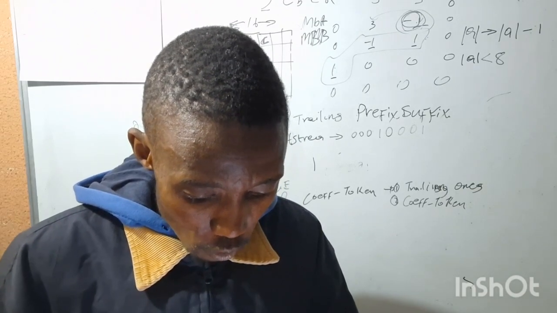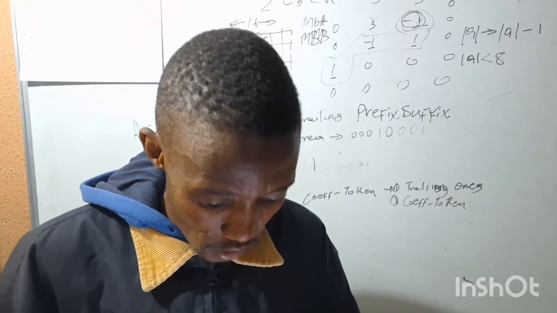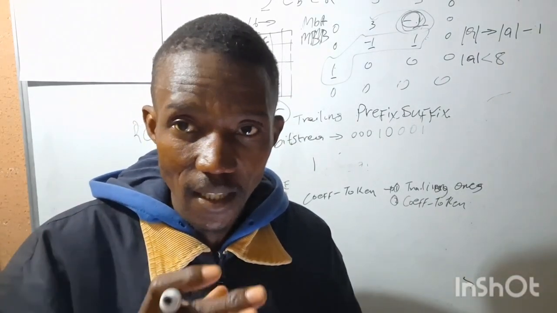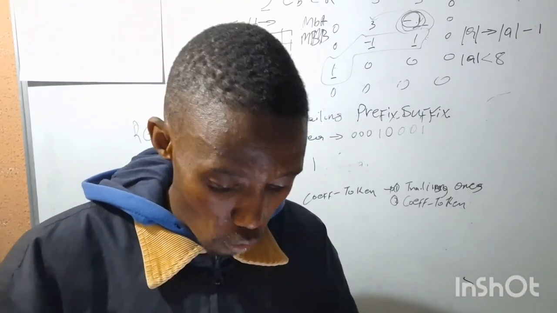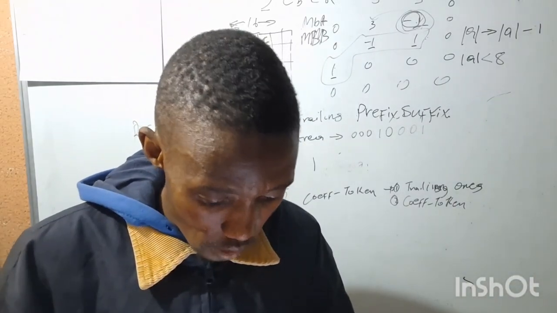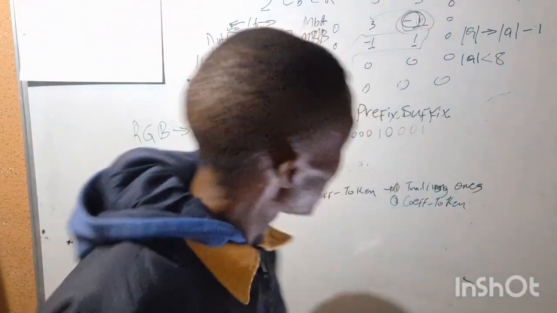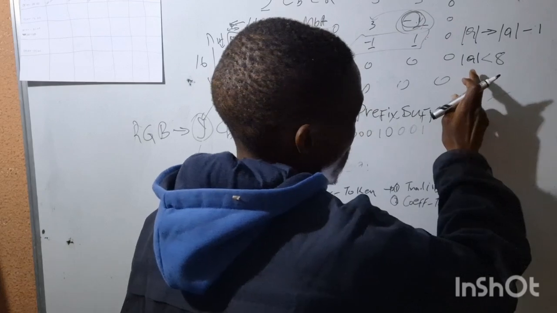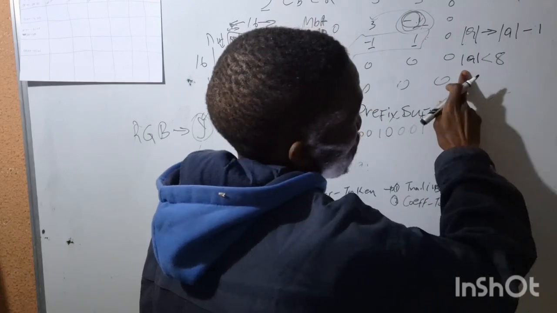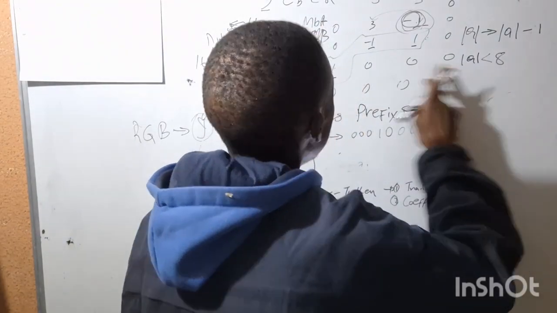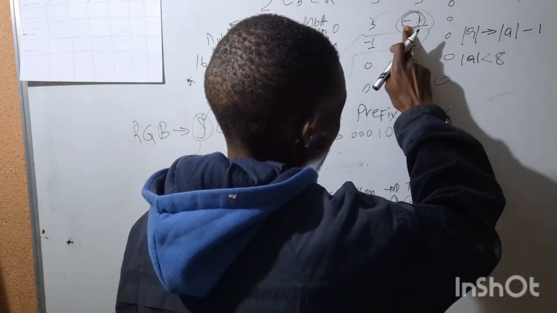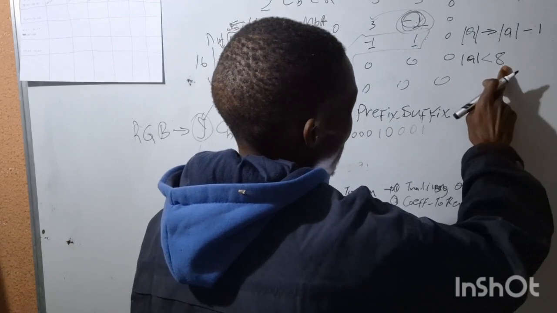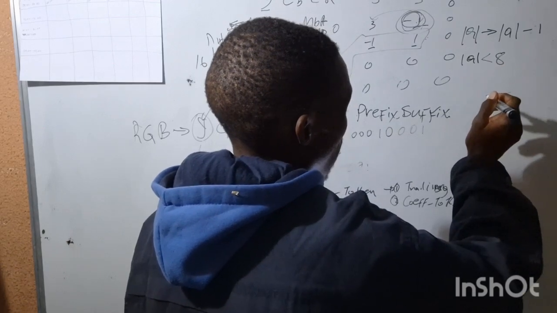The prefix will be found, so we are only going to determine the prefix, and we said the prefix is actually a 1 that is preceded by a certain number of zeros. So how many of those zeros? If the absolute value of the level that you are trying to encode, in this case -1, is less than 8, this is how you calculate your prefix.